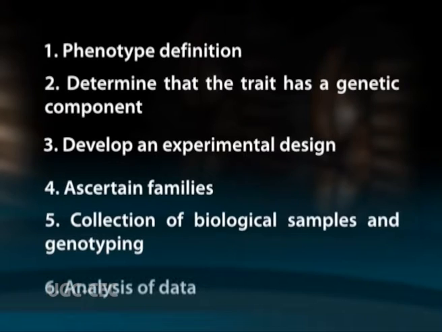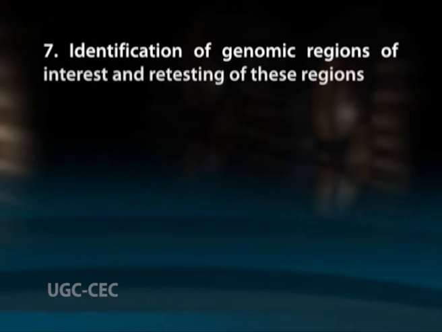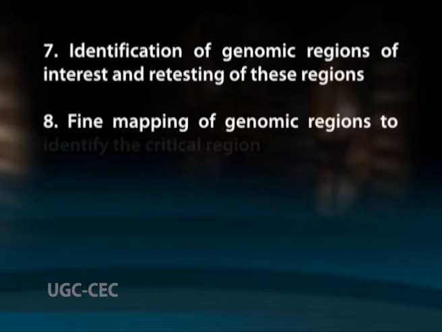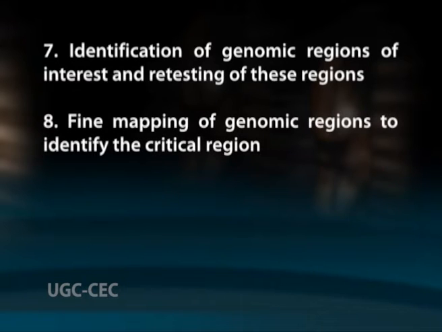Collection of samples for DNA extraction and genotyping using standard sets of polymorphic markers across the whole genome. Sixth, analysis of data. Parametric or LOD score and/or non-parametric analysis of genotypic data. Seventh, identification of genomic regions of interest and retesting of these regions. Eighth, fine mapping of genomic regions to identify the critical region.